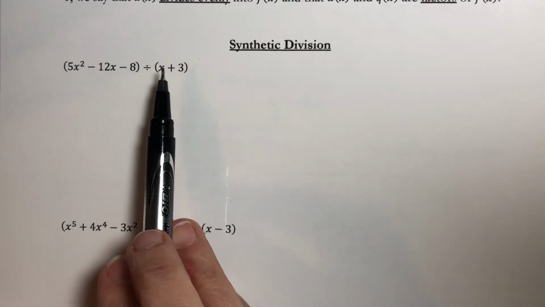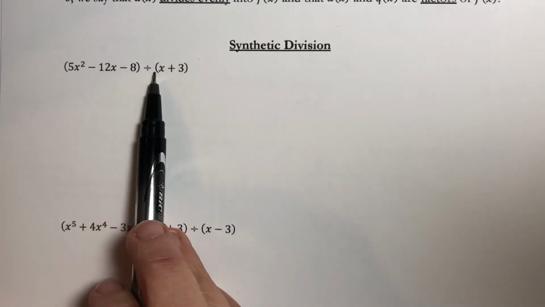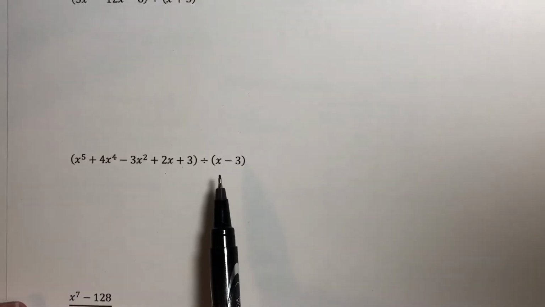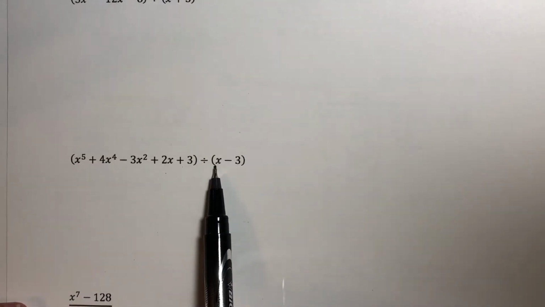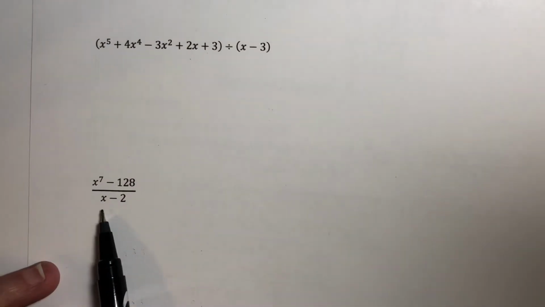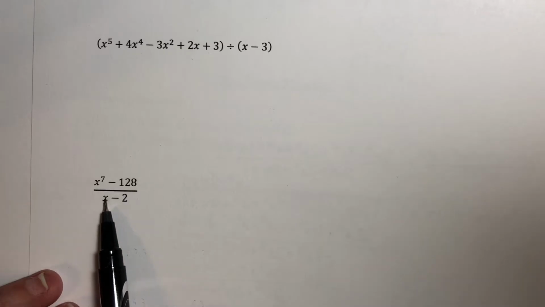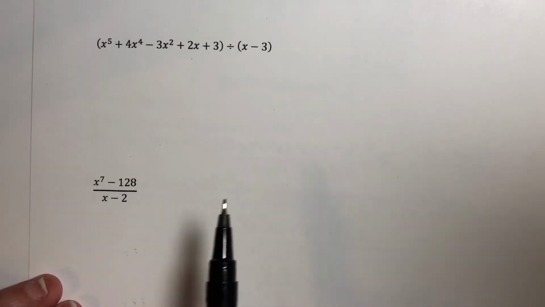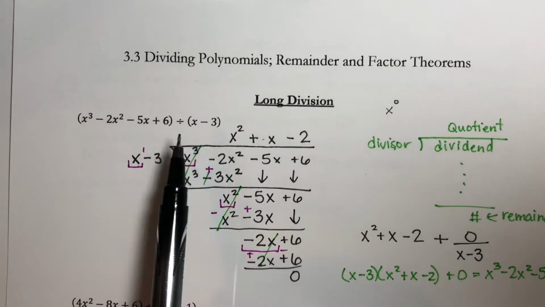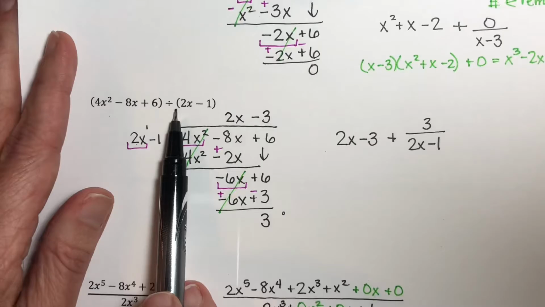Okay? So here my degree is 1 and its coefficient is 1. I'm allowed to use synthetic division. On this one, my degree is 1, my coefficient is 1. I am allowed to use synthetic division. Down here, my degree is 1, my coefficient is 1, allowed to use synthetic division. On the previous page, I could have used synthetic division here, but I could not have used it here.